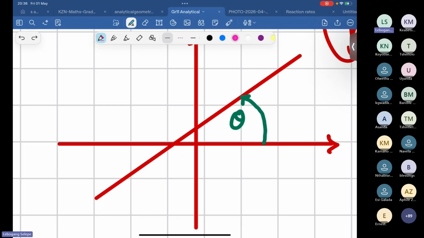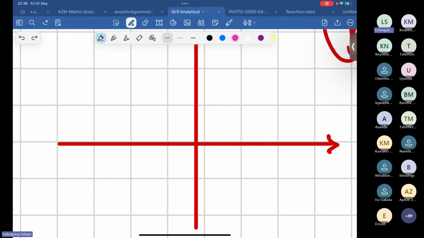So the expectation is that you also will understand that even if I give you a line segment like this, if, for example, I draw a weird shape such that I have this as my line segment and that's it. And I say to you, determine the inclination of that line. Remember, in analytical geometry, we do a lot of construction. So you should construct a dotted line like this.